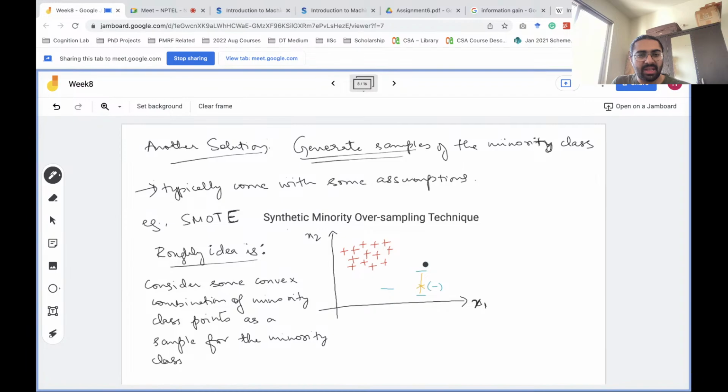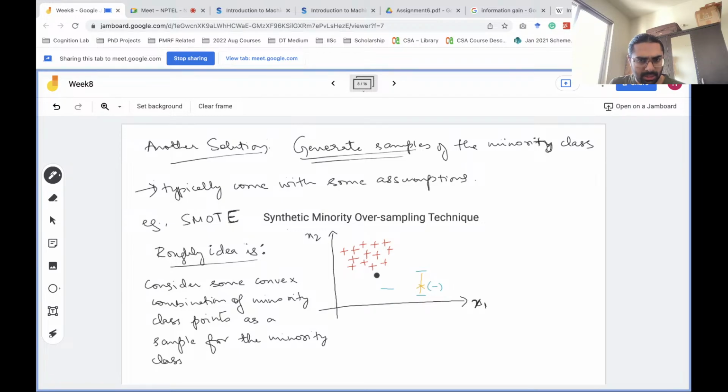I do this over and over until I get a similar number of samples between the positive and the negative class. So basically I generate points using some convex combination of the minority class points.